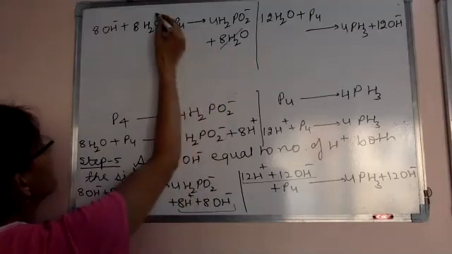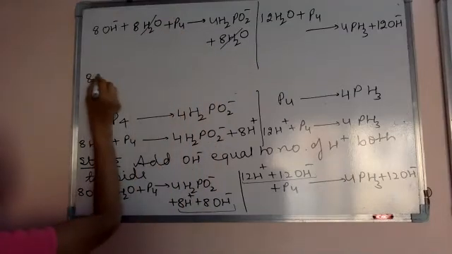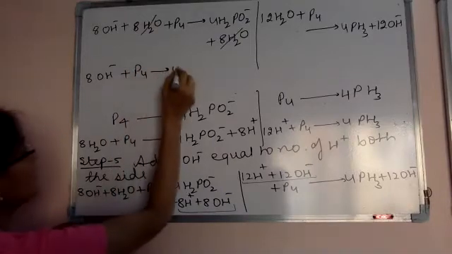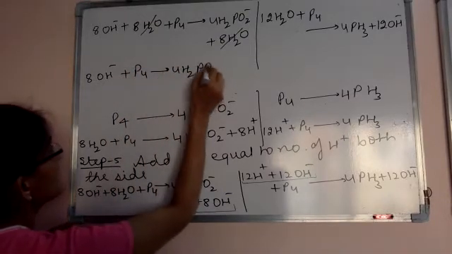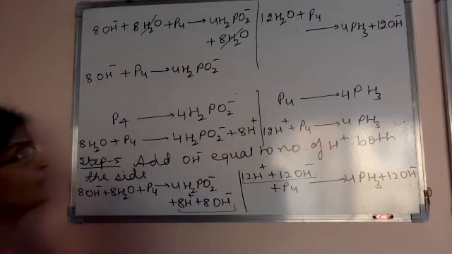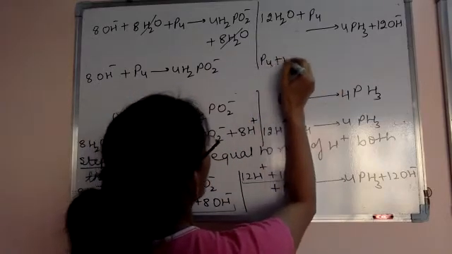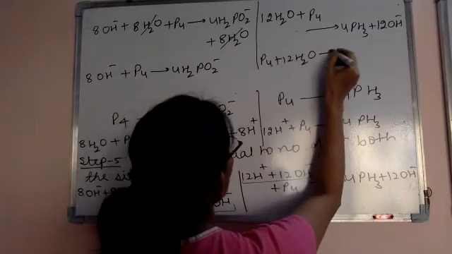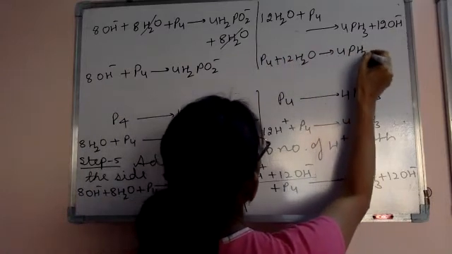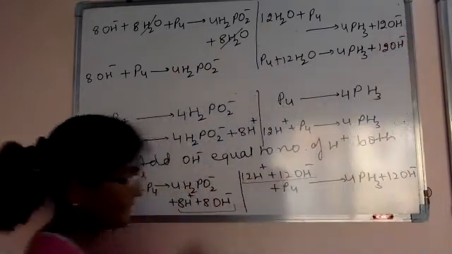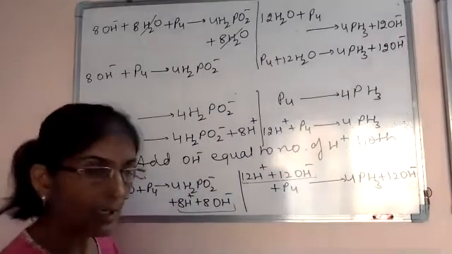After this the equation becomes 8OH minus plus P4 gives 4H2PO2 minus, that's it. And here nothing is cancelling, so we can write P4 plus 12H2O gives 4PH3 plus 12OH minus. Clear?